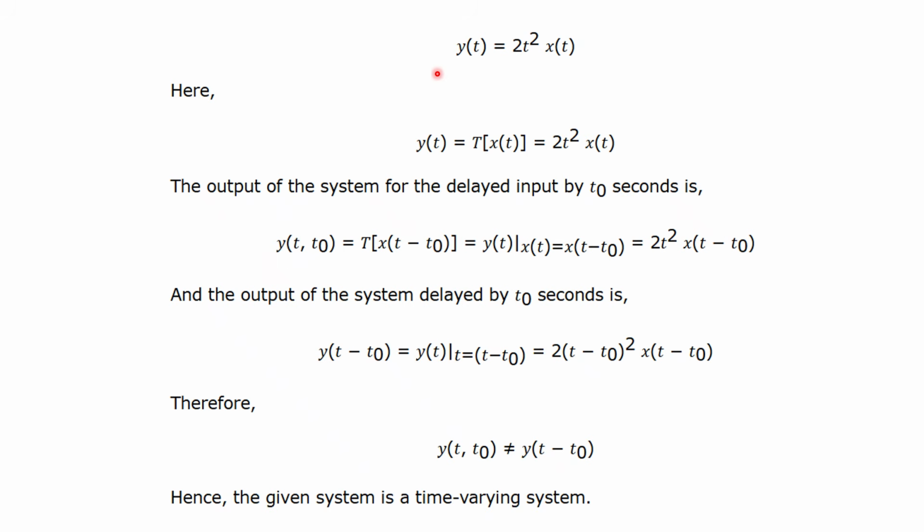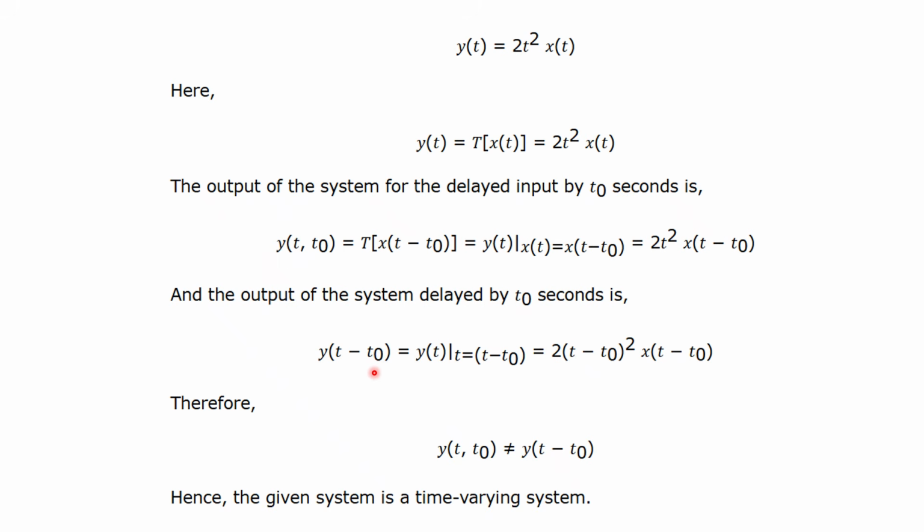So the example is here: y(t) = 2t² x(t). x(t) is your input and y(t) is your output. So here we are multiplying 2t² along with this input. What is happening now if you shift by the amount t minus t naught or any amount? y(t) will be 2t² times x of t minus t naught, right?